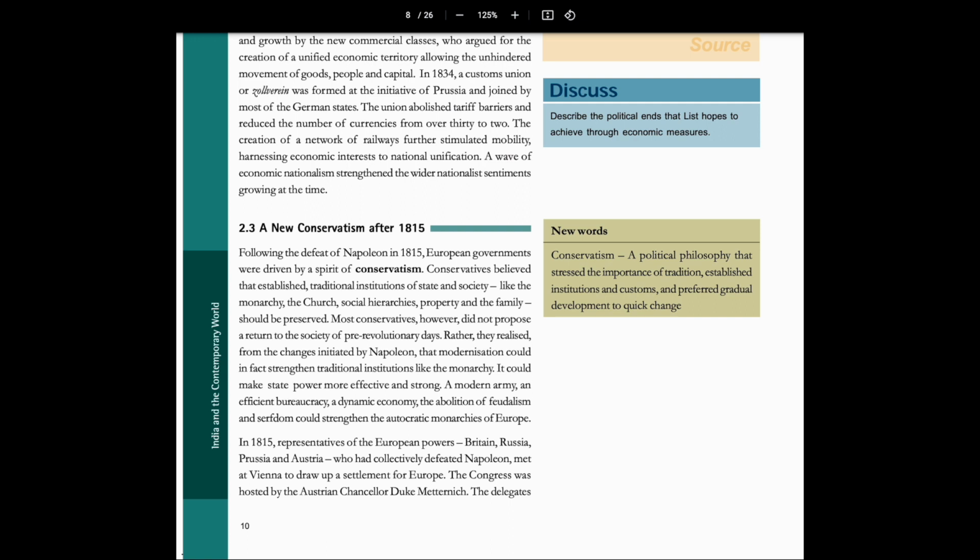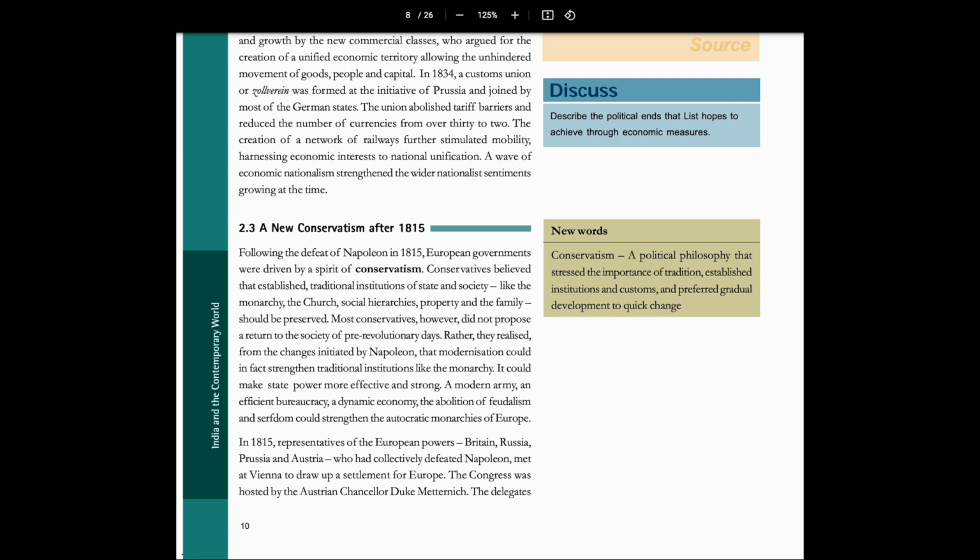Most conservatives, however, did not propose a return to the society of pre revolutionary days. Rather, they realized from the changes initiated by Napoleon that modernization could, in fact, strengthen traditional institutions like the monarchy. It could make state power more effective and strong.